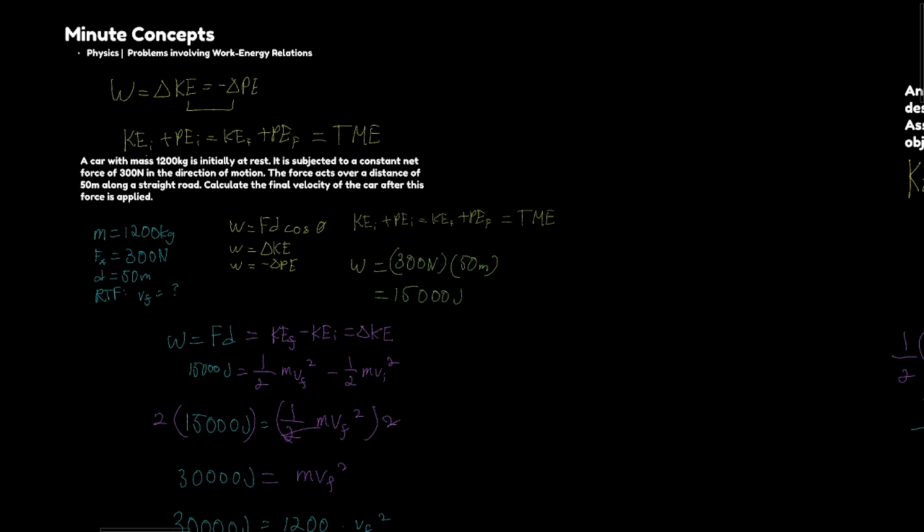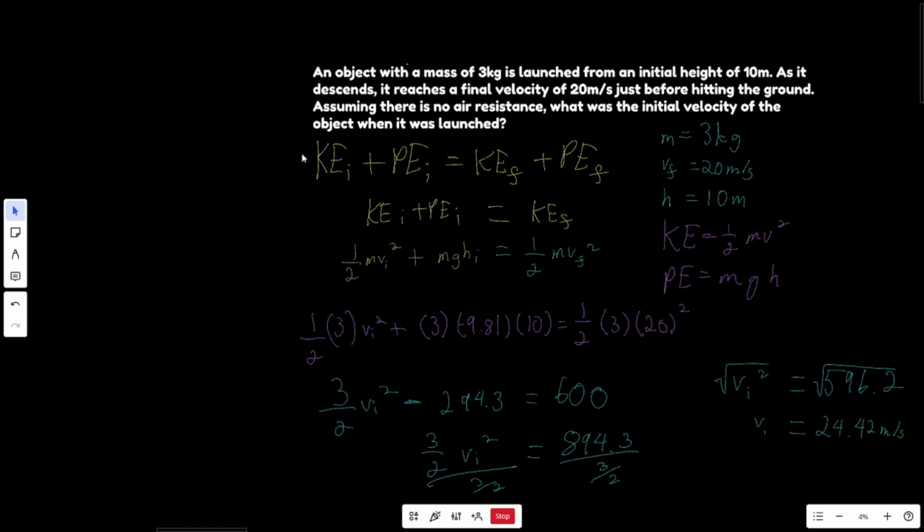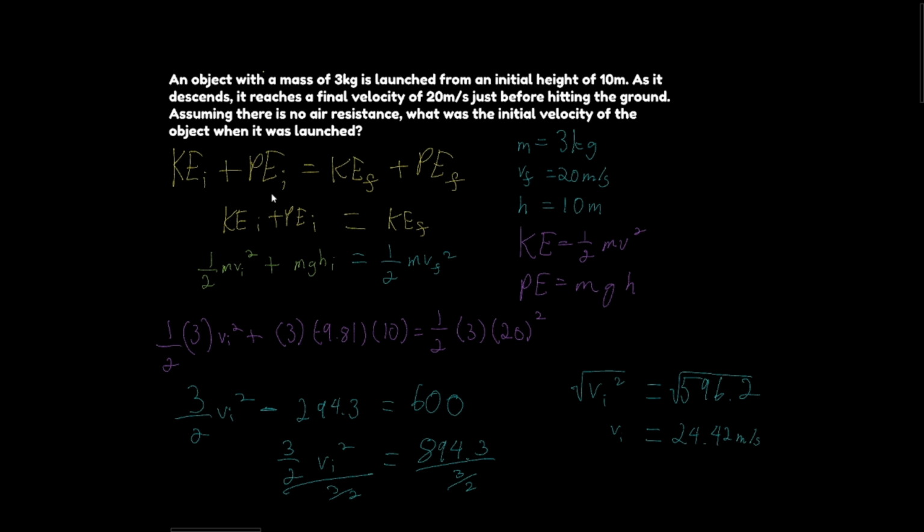So all of these are related to one another, so they essentially can solve for each other. And it's important to think about the concepts of how kinetic energy and potential energy behave at certain points. Just as I showed earlier, when an object is at the top, potential energy is maxed. When an object is at the bottom, kinetic energy is maxed. So just let that be a guidance for future questions like this.